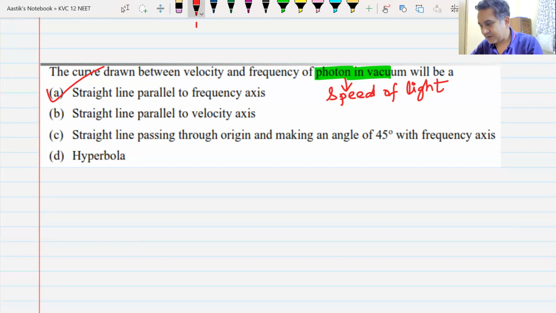It does not depend on its frequency because it always moves with the speed of light in vacuum. Understand this? Yes, sir. Remember, this is a trick question, and that is why I decided to take it. Understood this, everyone? Yes, sir.